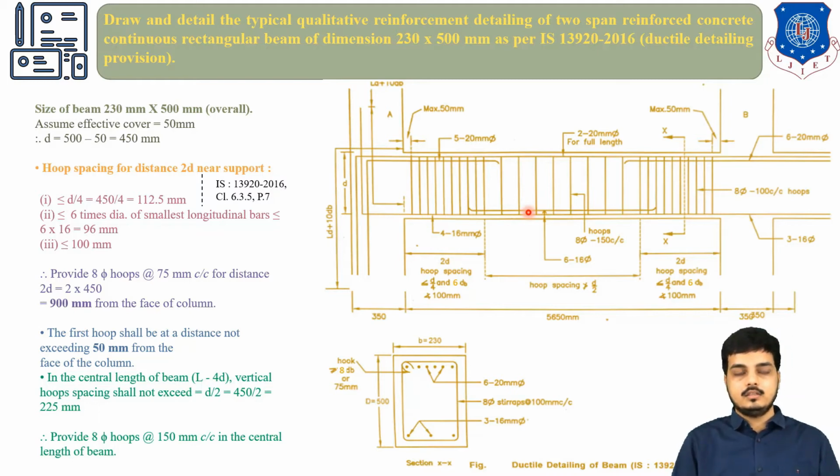Longitudinal reinforcement will be assumed by ourselves, because right now we are not calculating forces and all. I have referred to the figure of the book as well. In that, this is my longitudinal bar. They have also shown the development length, or the bend of the bar into the column.